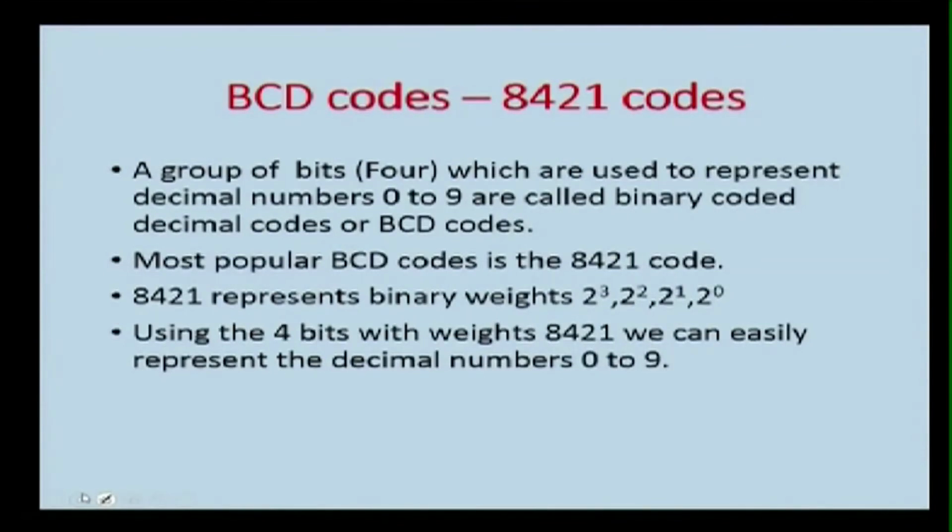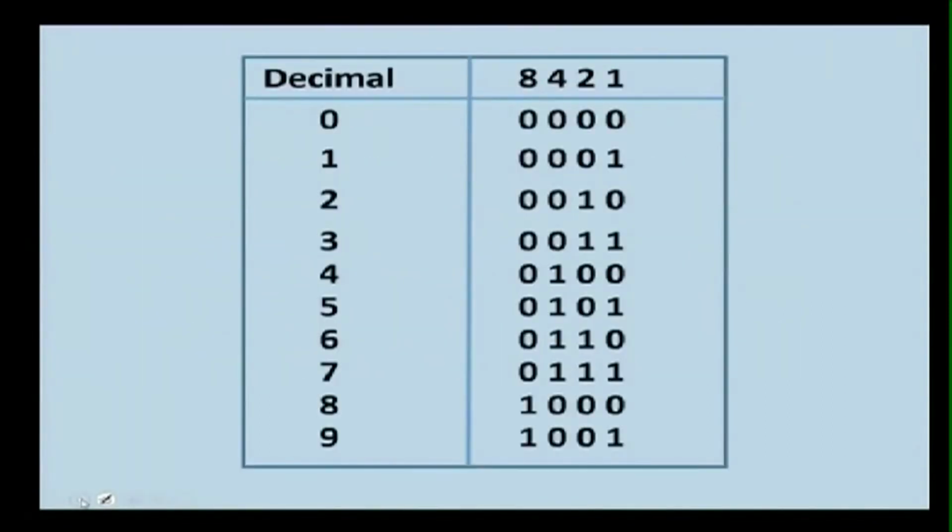Most popular BCD code is the 8421 code. 8421 represents binary weights 2 to the power 3, which is 8, 2 to the power 2, which is 4, 2 to the power 1, which is 2, and 2 to the power 0, which is 1. So that is what 8421 means. Using the 4 bits with weights 8421, we can easily represent the decimal numbers 0 to 9. To understand this, you can look at this table.